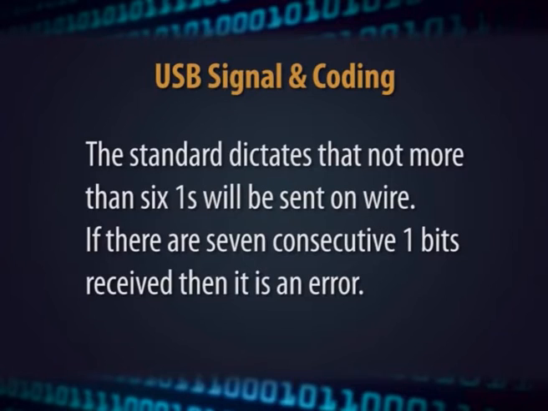However, if there are a number of ones in data stream, then the waveform will not have any transitions and receiver clock will drift away from transmitter clock. The standard dictates that not more than 6 ones will be sent on wire. If there are 7 consecutive 1 bits received, then it is an error.